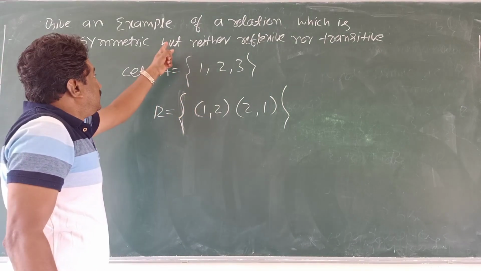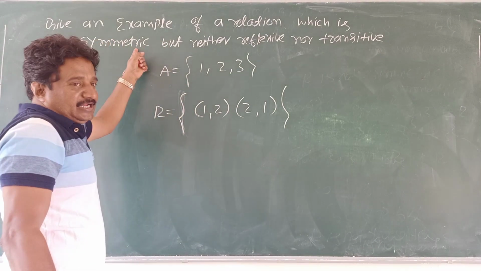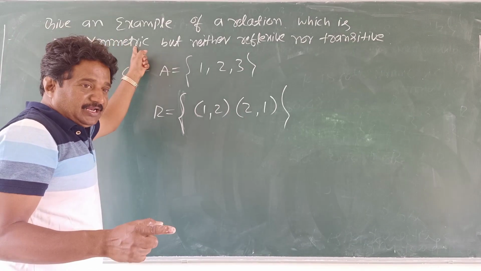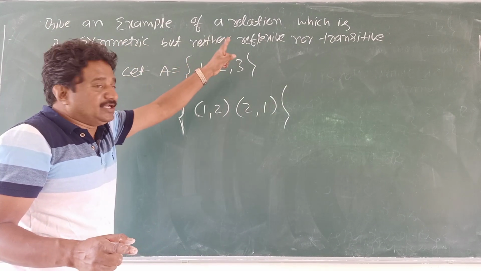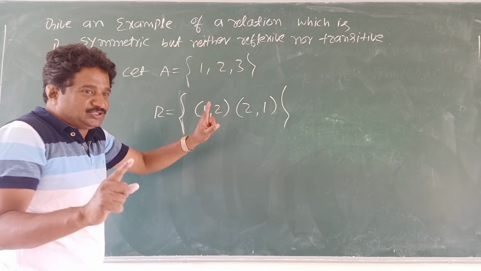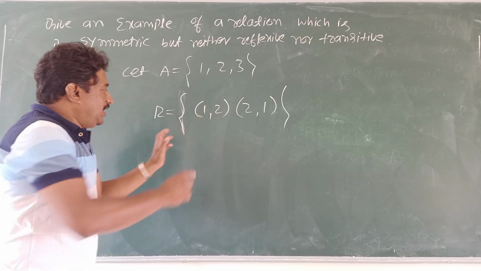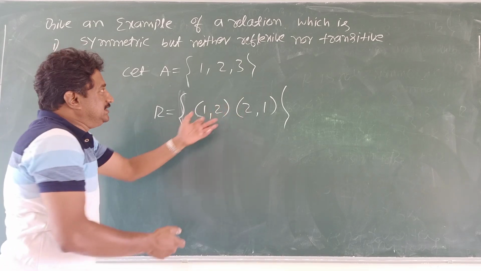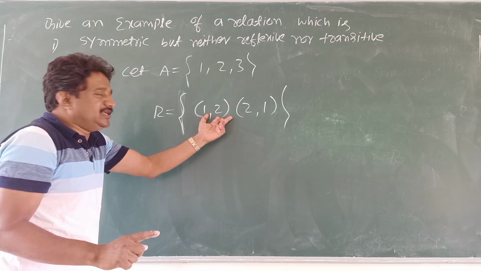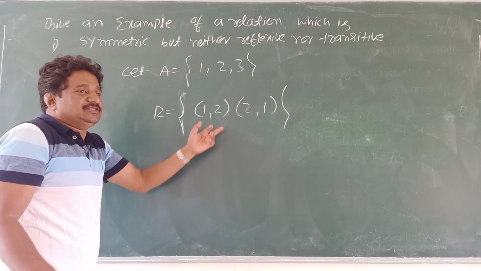So here we need a symmetric relation. In the question it is asked to write a symmetric relation that should not become reflexive and should not become transitive. I have taken this much now. Is it reflexive? No. Why is this relation not reflexive?